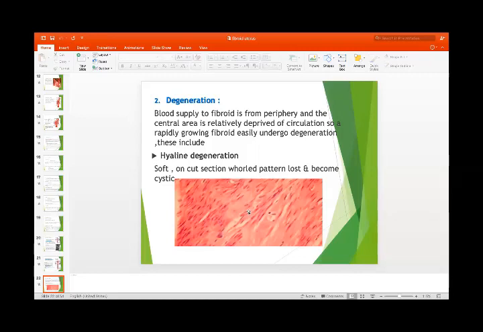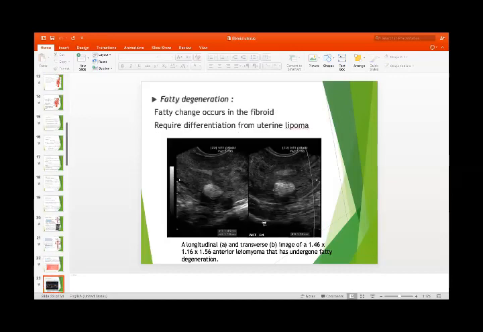So in this, there is no whorl pattern. This is hyaline degeneration. Fatty degeneration also occurs in the fibroid and it should be differentiated from a uterine lipoma.